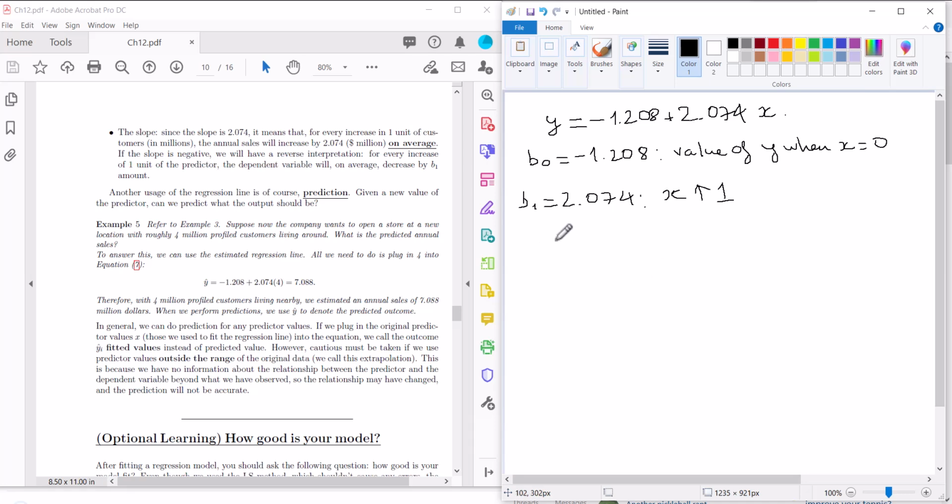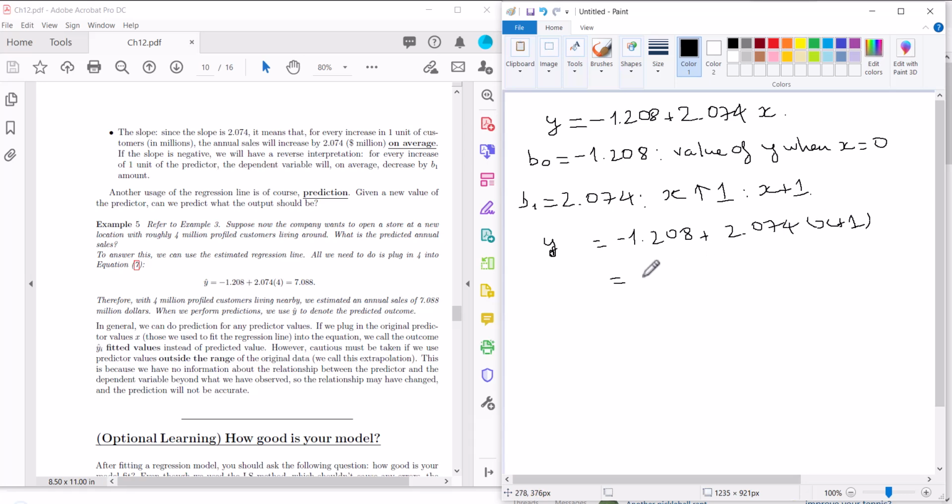Then x increased by 1, that means that we have x plus 1. Then y would be minus 1.208 plus 2.074 times x plus 1.